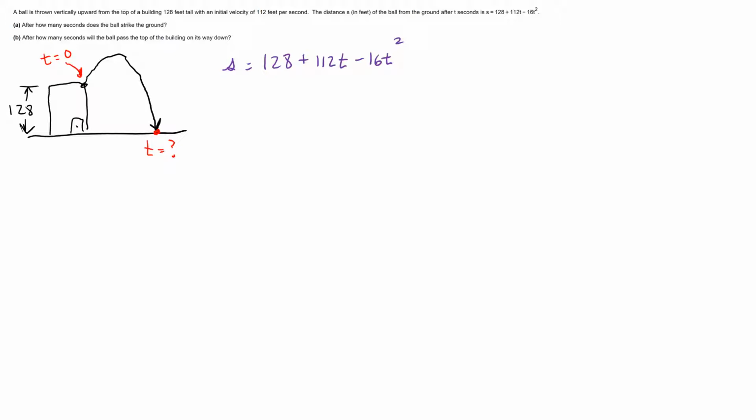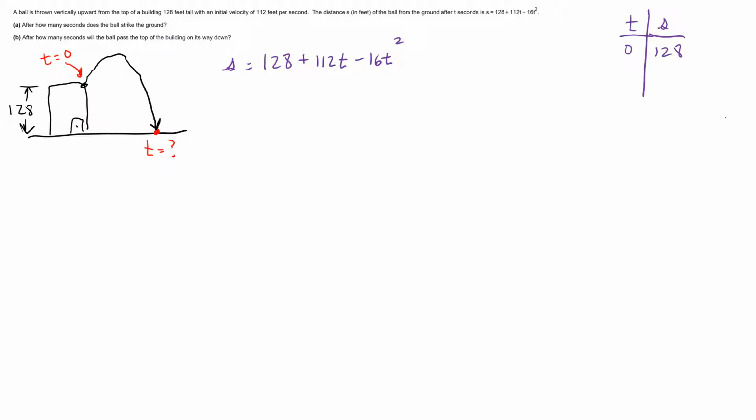Notice that if we put a 0 in for t, S will end up equaling 128. Like if I made a little table over here, if we plug 0 in for t, you'll end up getting 128 for S. And that just confirms that at t equals 0, the height of the ball is 128.